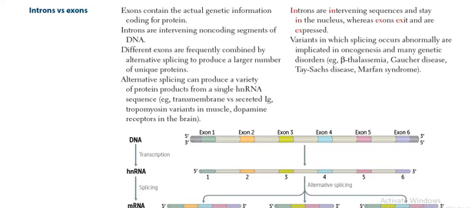Tropomyosin is encoded by the same gene, but the alternative splicing brought the difference and made different tropomyosin variants. Dopamine receptors: there are 5 different types of dopamine receptors found in the brain. These differences are due to alternative splicing, even though they all are encoded by the same gene.